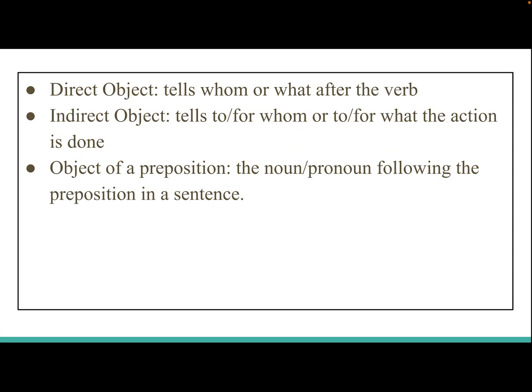The indirect object tells to whom or for whom, or to what or for what, the action is done. So you find the verb, you find the direct object, and then you say to whom or to what. And that's how you find the indirect object.